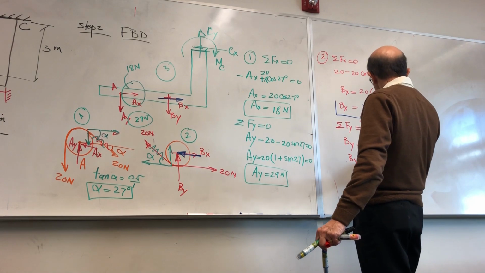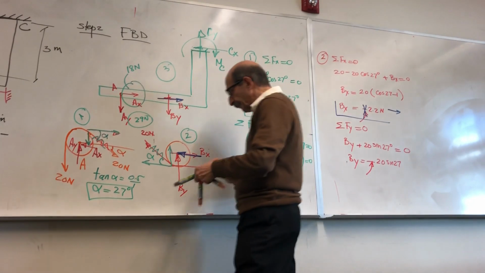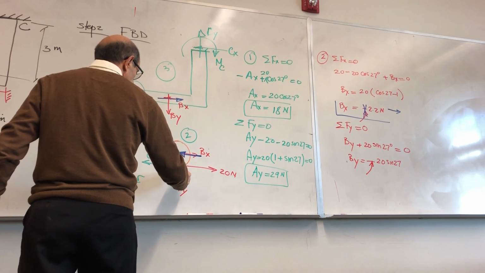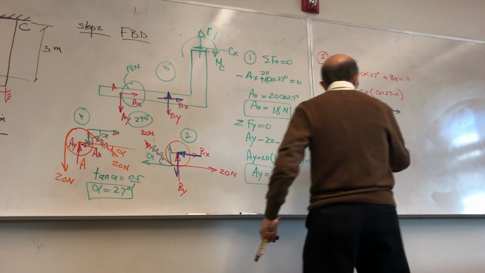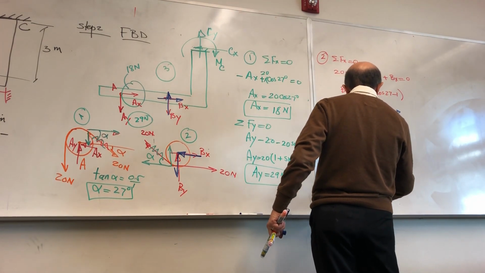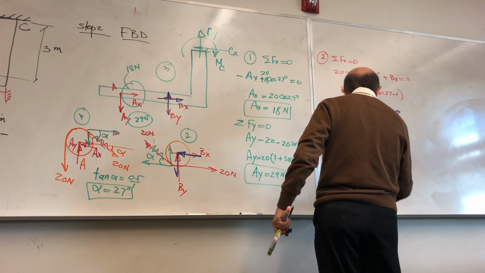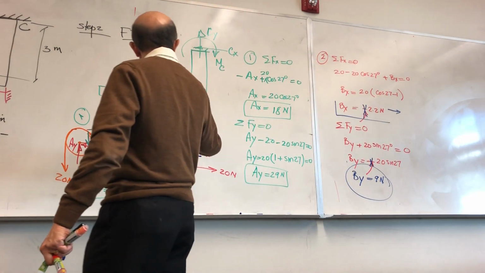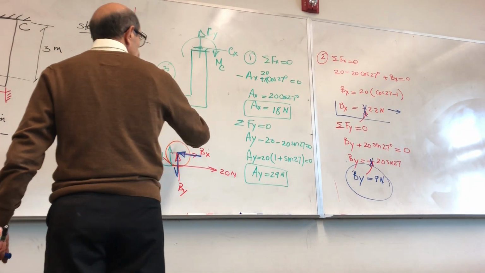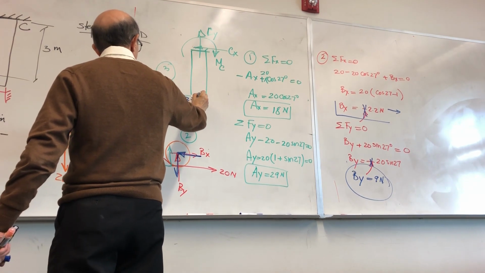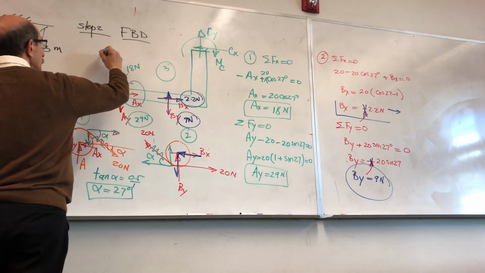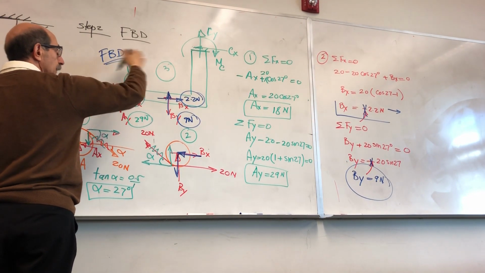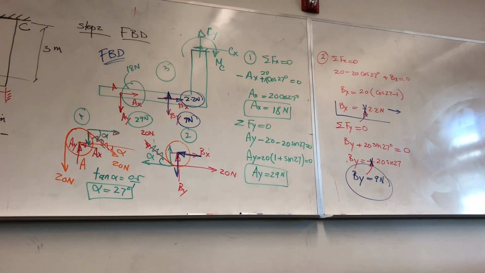And this one is, again, negative. That means the assumed direction here is wrong, so this one should also change. So By is 9 Newton. Bx was 2.2 Newton. So now you have the free body diagram with all applied loads, externally applied loads on this structure, right?